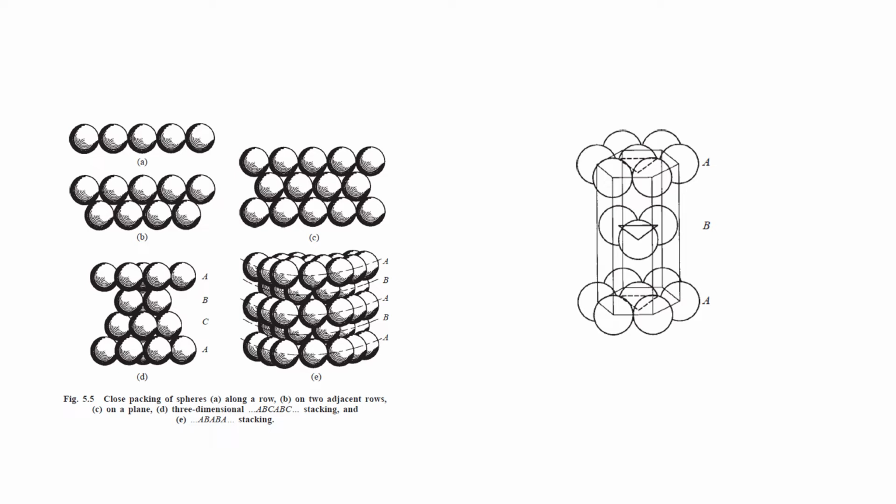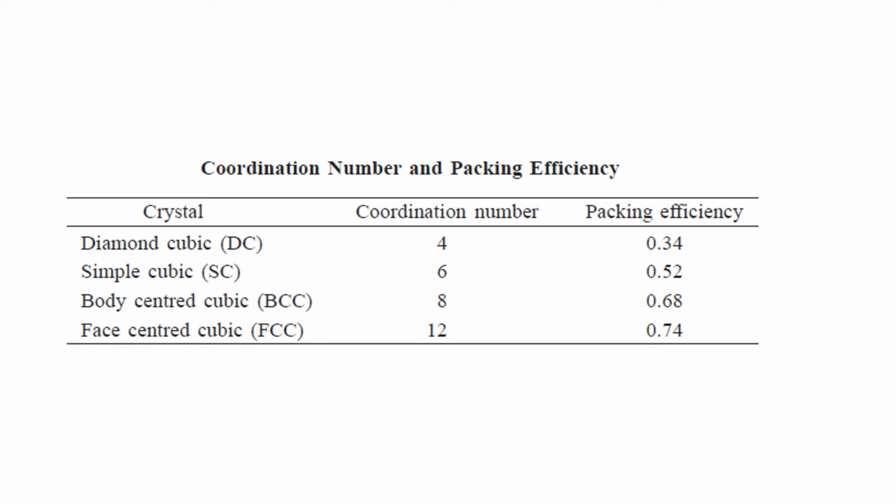These are the FCC, cubic close packing, and hexagonal close packing structures, again shown. And this table shows the coordination number. Coordination number means the number of immediate neighbors to one particle. And the packing efficiency. Packing efficiency means how the space is utilized.